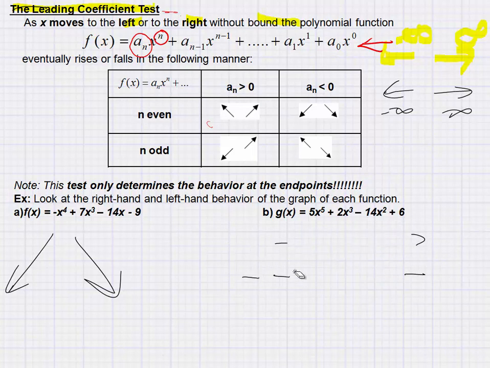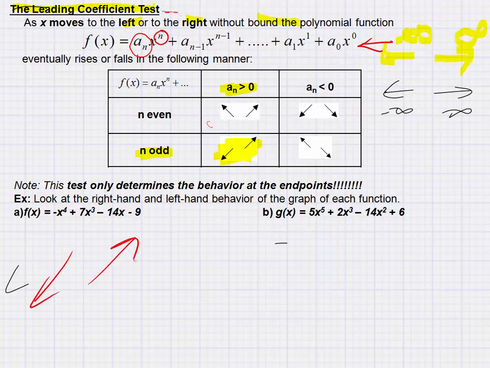Odd powers. So when we do odd powers, if my power is odd and my coefficient is positive, I have this shape. So if my shape is down and up, on the far left my graph will be pointing downward, and on the far right my graph will be pointing upward.